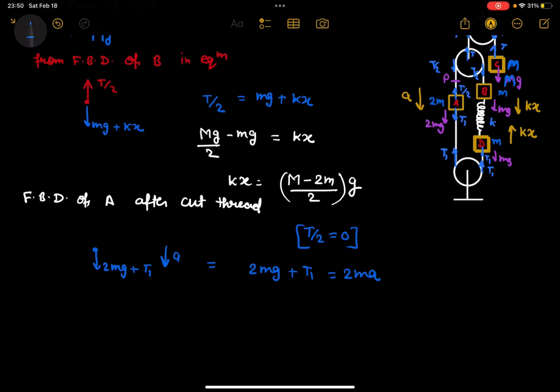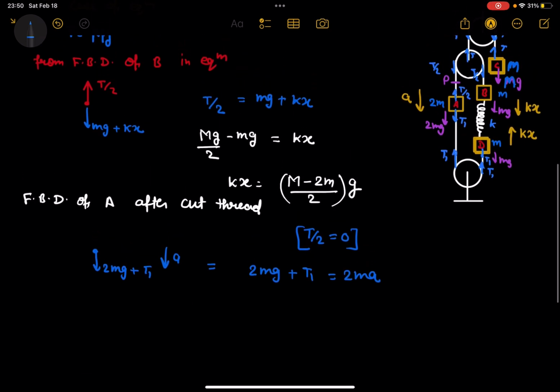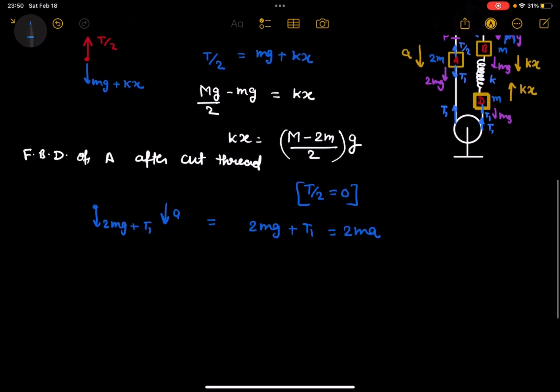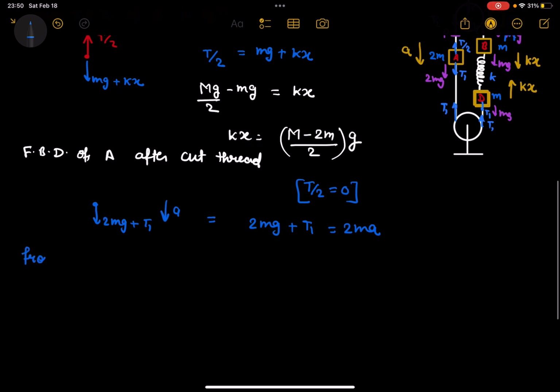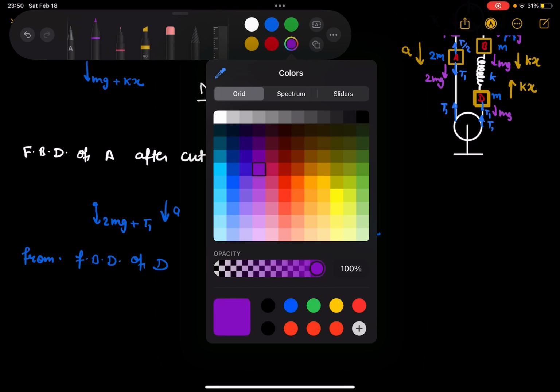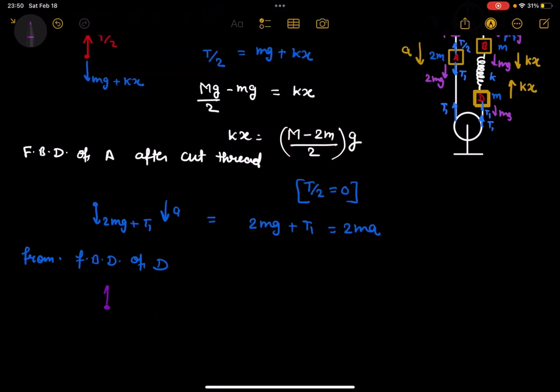Now my dear friend, if this is going down, then of course this D block is moving up because the kx is introduced and there is no equilibrium position, and this T by 2 becomes 0. So we can say that from the FBD of D, the FBD of D is saying one force is kx upward, T1 downward, and mg is also downward, and this is going up with an acceleration a.